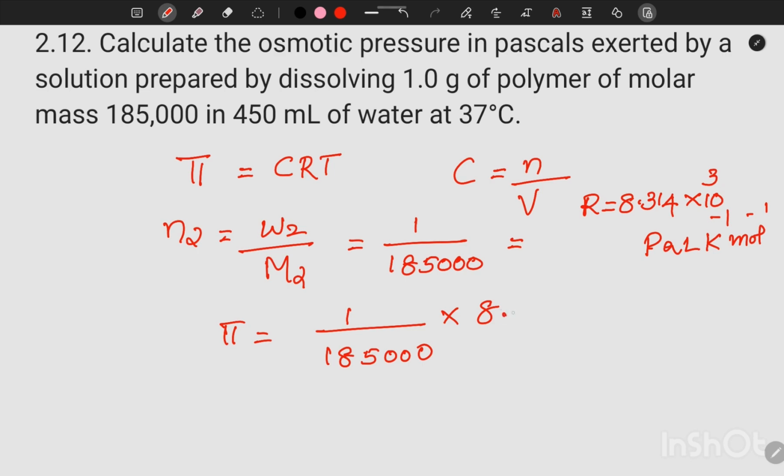So let us substitute 8.314 into 10 raised to 3. Then temperature is 37 degrees Celsius. When we convert into Kelvin scale, 37 plus 273, which is equal to 310 Kelvin. So let us substitute that value here.